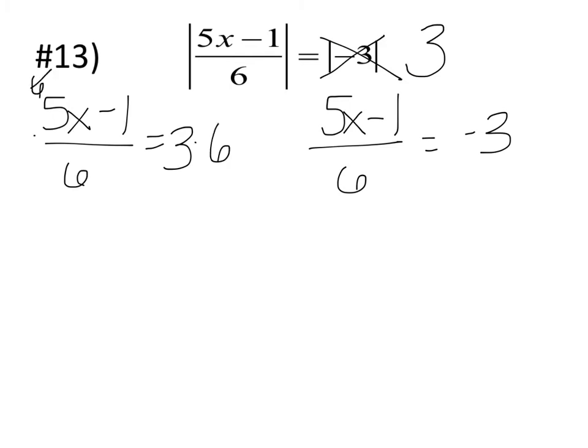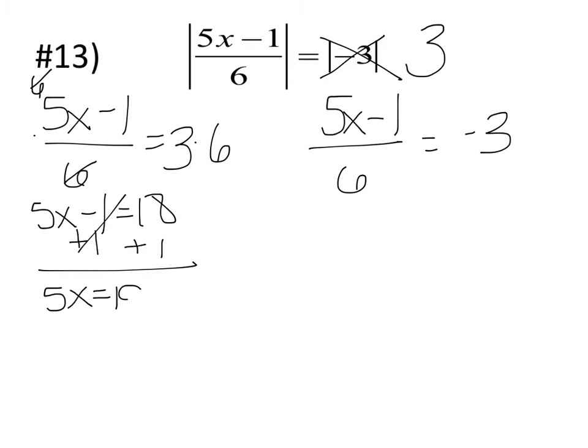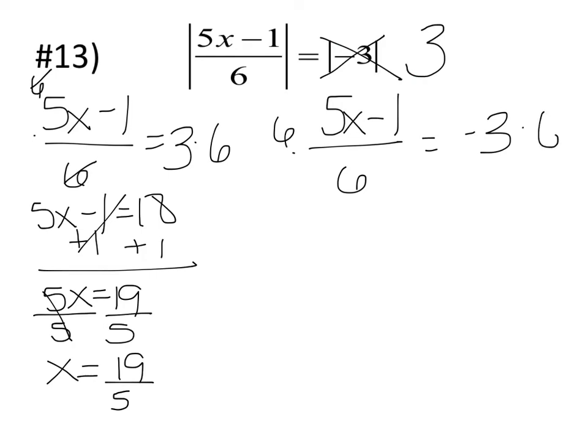Alright, I'm going to multiply both sides by 6 to get rid of this fraction, giving me 5x minus 1 is equal to 18. Add 1 to both sides, giving me 5x is equal to 19. Divide both sides by 5, you get x is equal to 19 over 5. Same thing over here. Multiply both sides by 6. You get 5x minus 1 is equal to negative 18.